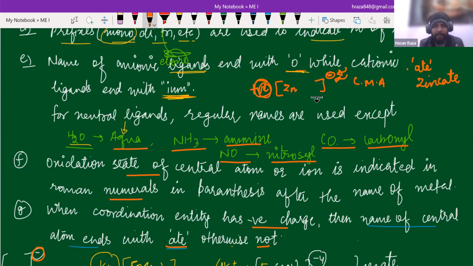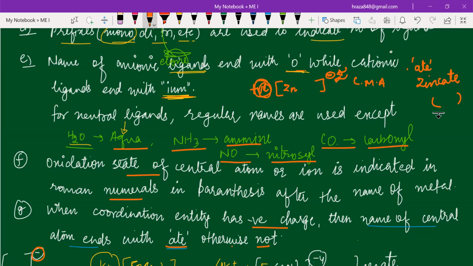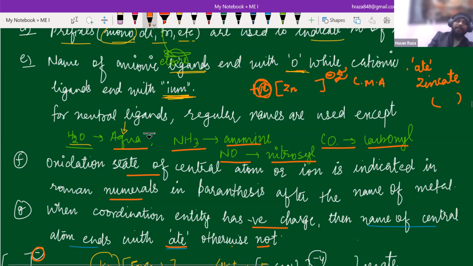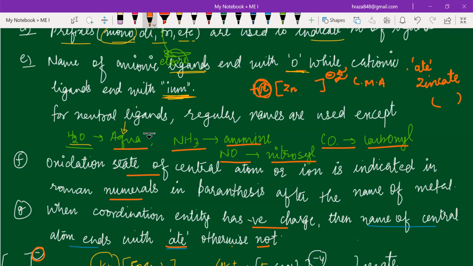So whenever there is a positive counter ion, that means there is a hidden negative charge on the square bracket, and in this case the central metal atom's name ends with ate. Is that clear? After writing the name of the central metal atom, you write the parenthesis, and inside this parenthesis you write the oxidation state of the central metal atom in Roman numerals. Is that clear? Yes, sir. It's clear. Okay, please write the F and G rule.